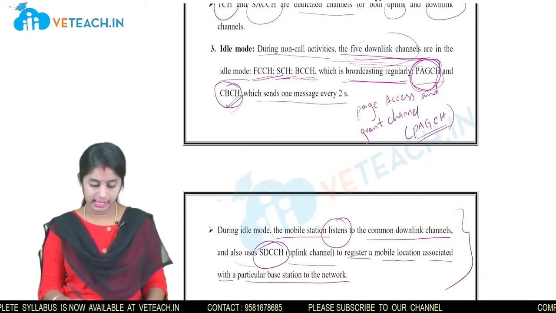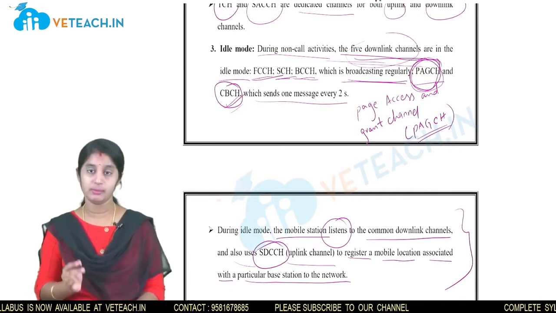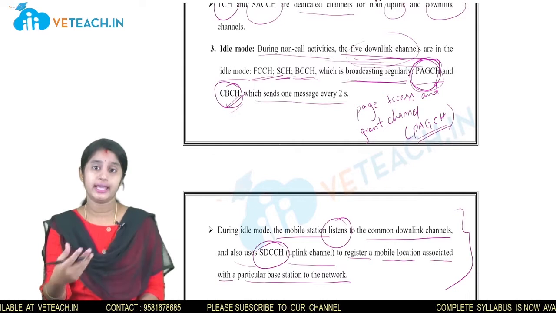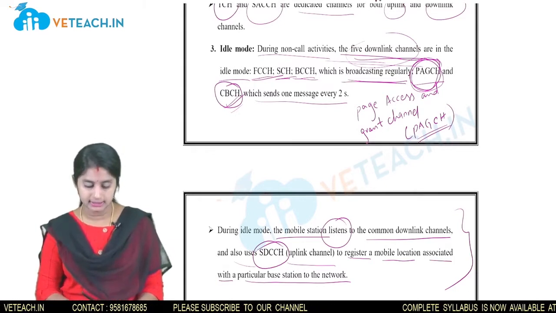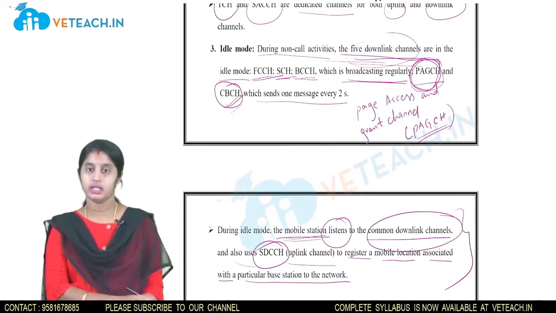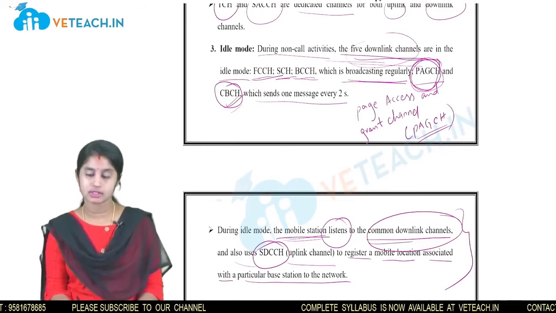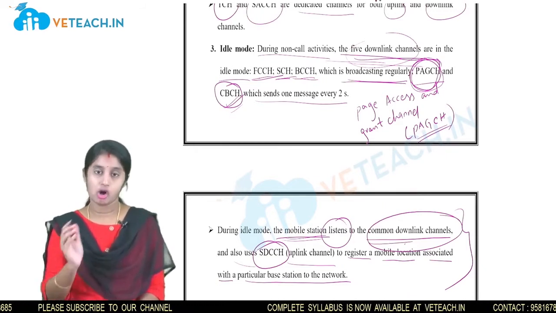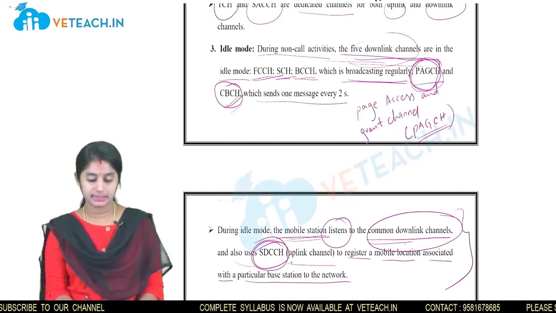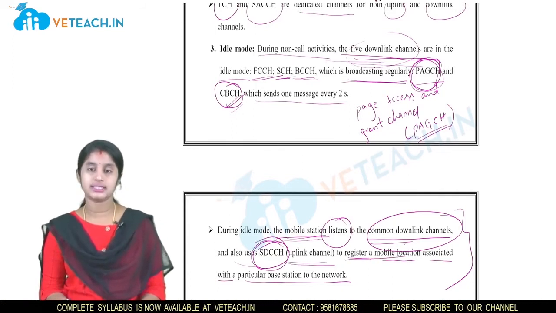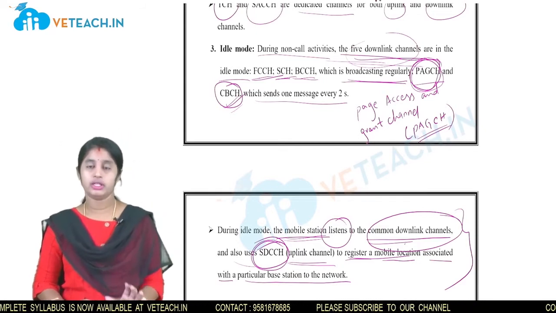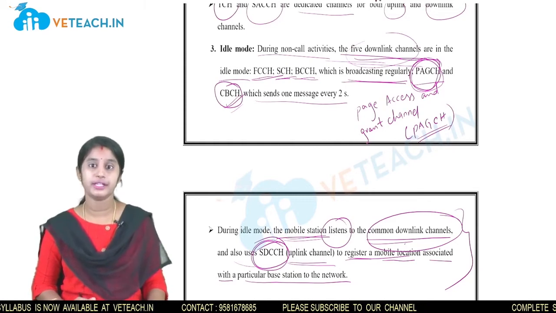So during the idle mode, with the continuous examination of the availability of the channels, the mobile station listens to the common downlink channel signal, and also uses a special multi-purpose channel present in the uplink in order to register the current and actual location of the mobile user. Clear? Whatever area the mobile user is in needs to be registered first.